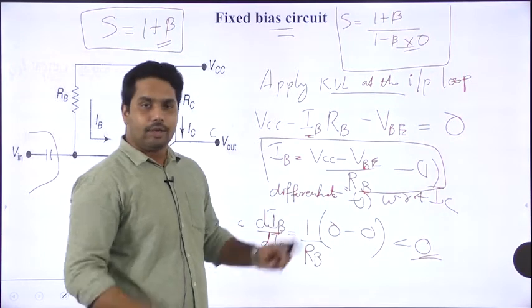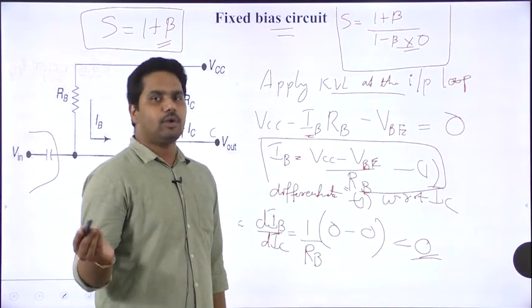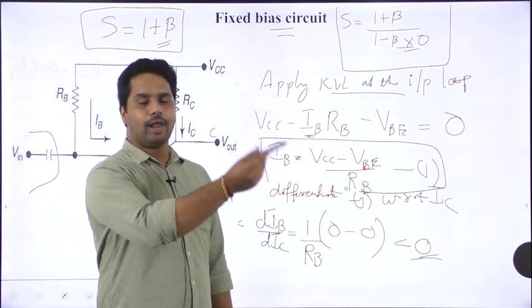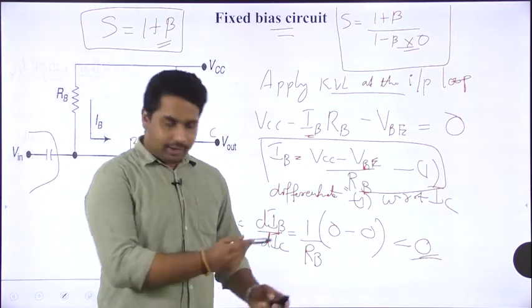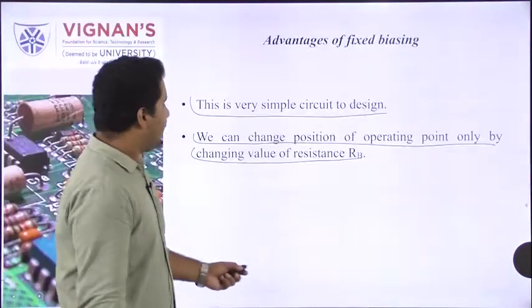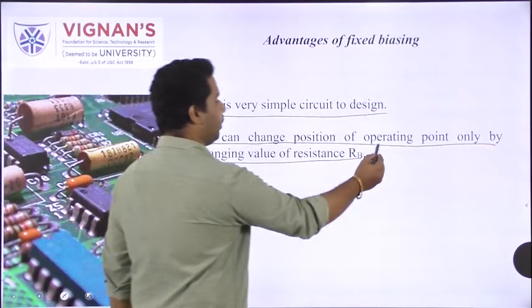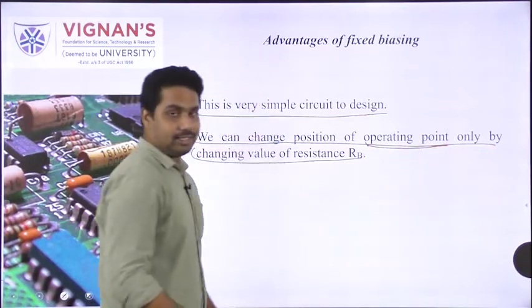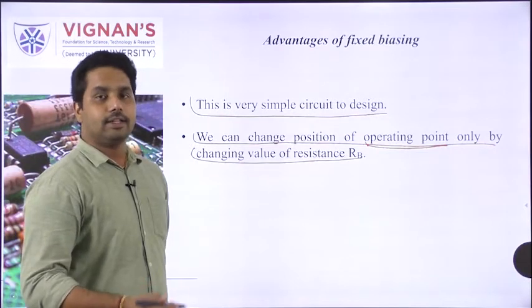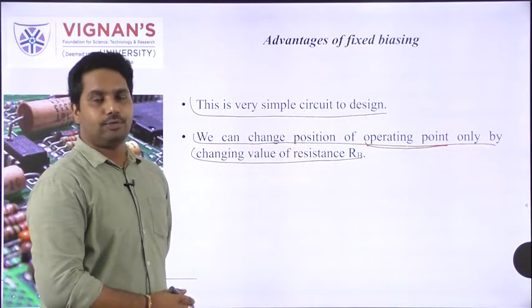If IB changes, the collector current also changes proportionally. If the collector current changes, the Q point will change. So the main advantage is that by simply controlling the RB resistance, the operating point position can be changed. These are the two advantages of fixed biasing.